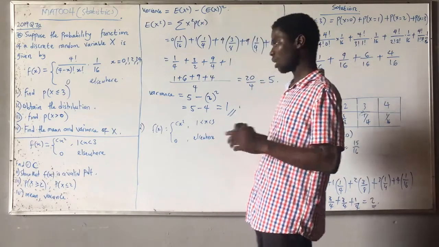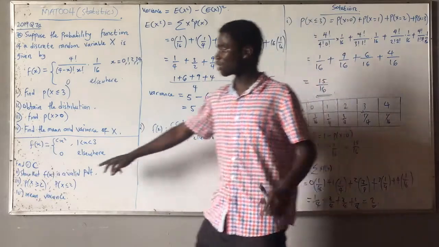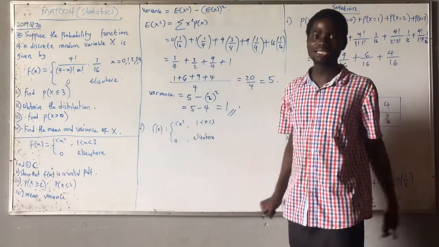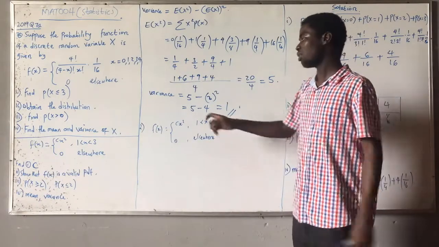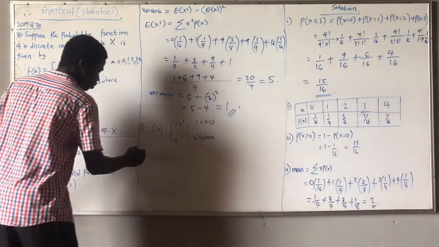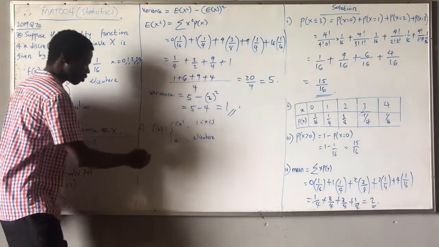Right? Now, for you to be able to find this c, they will first say, suppose this is a valid probability density function, find c. What's the meaning of finding that c? Let me quickly show you. To find c, you know this is already an interval, so I'm using the integral.